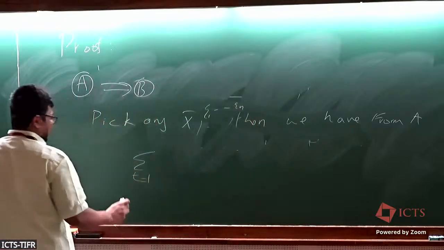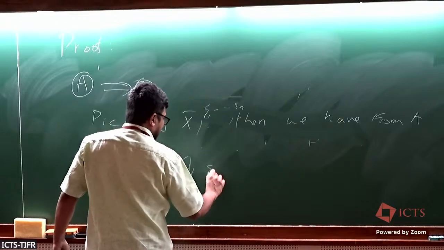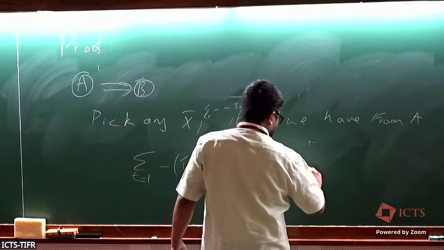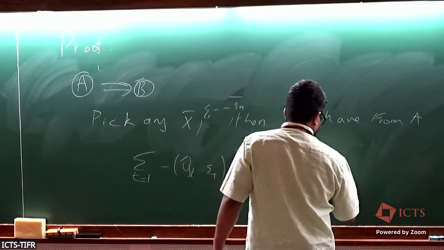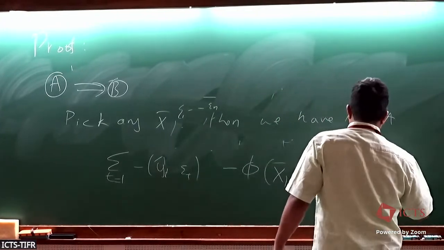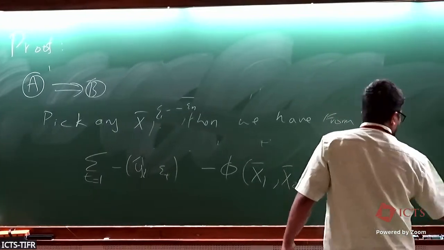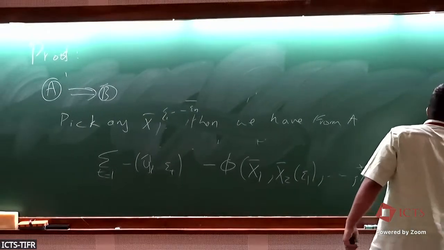Then we have from A that the sum of y hat t times epsilon t minus phi of x bar 1, comma, x bar 2 of epsilon 1, all the way up to x bar n of epsilon 1 through epsilon n minus 1, comma, epsilon 1 through epsilon n, is less than or equal to 0, right?